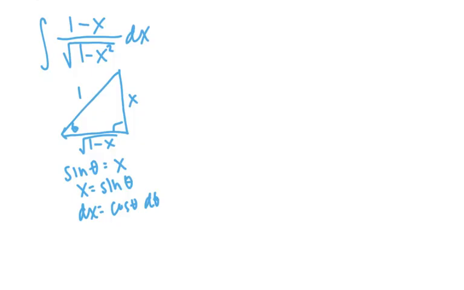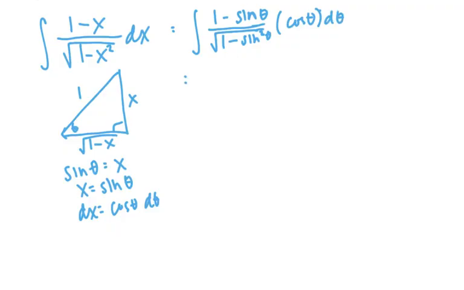So we can come back to here and we can say the integration of 1 minus sine theta, and on the bottom we have the square root of 1 minus sine squared theta, and dx is cosine theta d theta. So we have 1 minus sine theta, and on the bottom we have the square root of cosine squared theta.